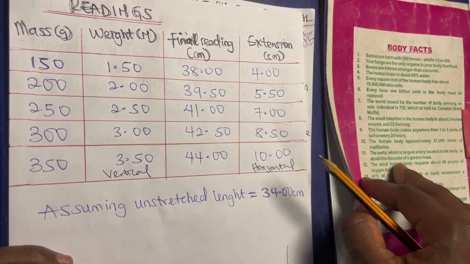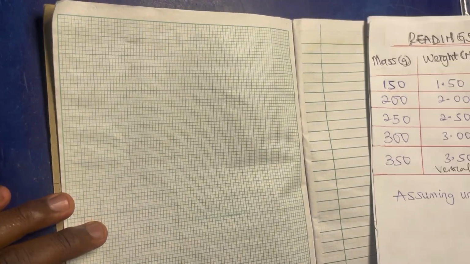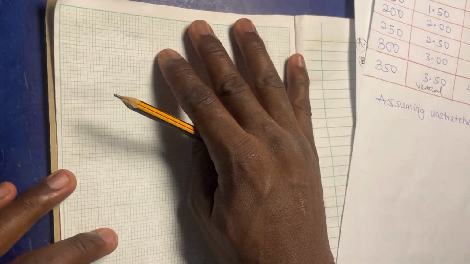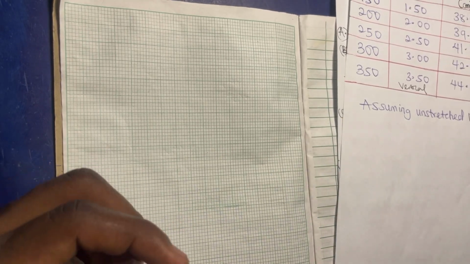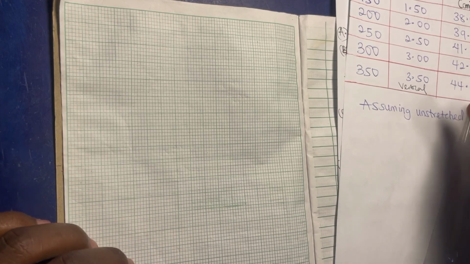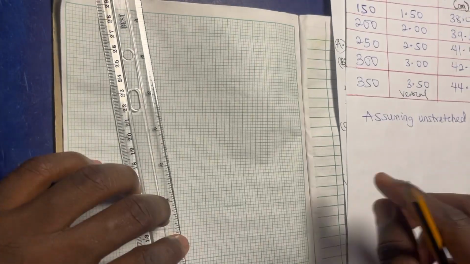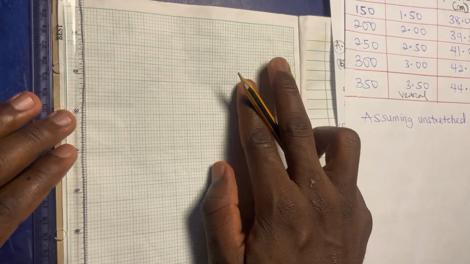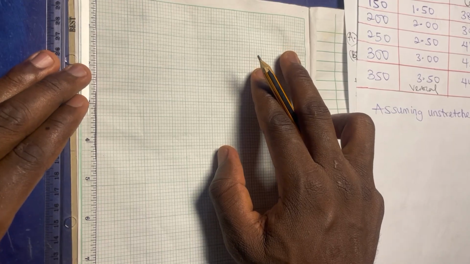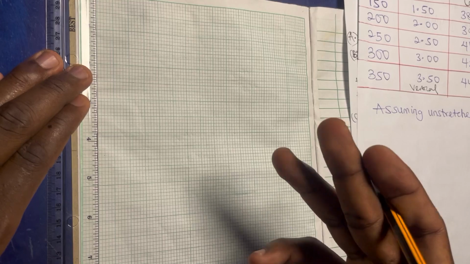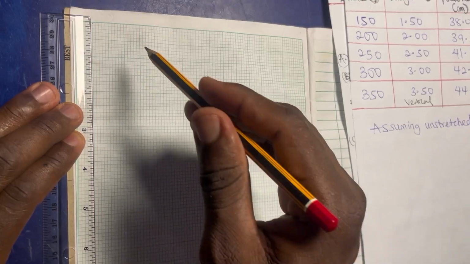Okay, so having my graph, let me open this graph sheet here like this. The first thing for me to do is to take my origin. Let me just take my origin here, and take my origin here.